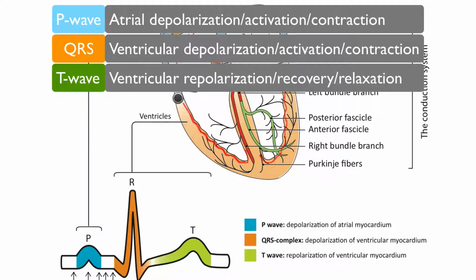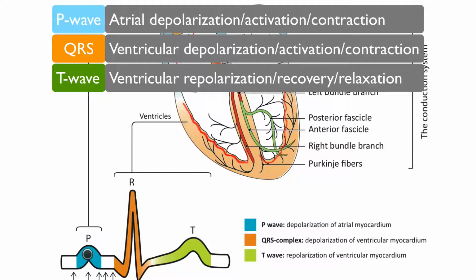So let's repeat that. The P wave is atrial activation. The QRS complex is ventricular activation. And the T wave is ventricular recovery. Now that means that we cannot see the atrial recovery on the ECG.